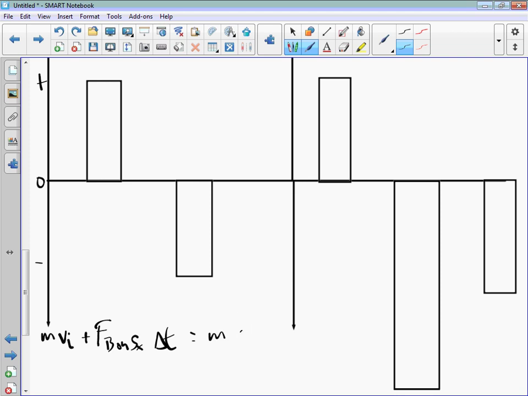Since the sad ball just stops with a thud, that final velocity is 0, so our final momentum is 0. It doesn't matter what the mass is, it's not moving.